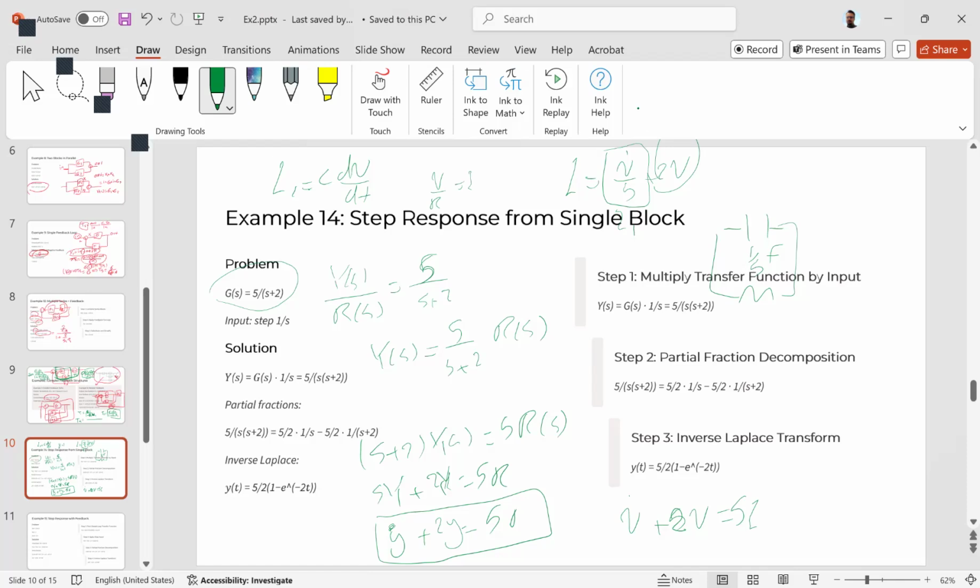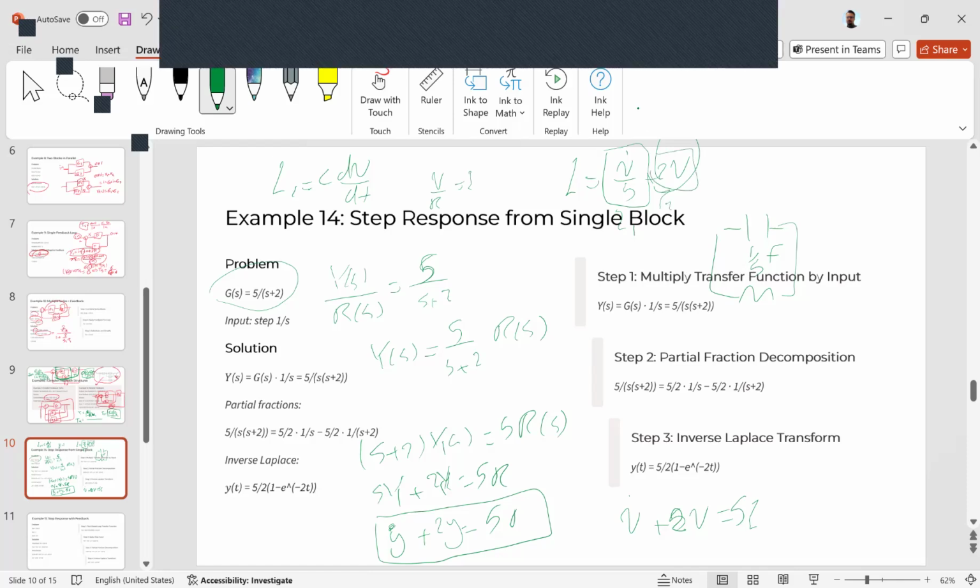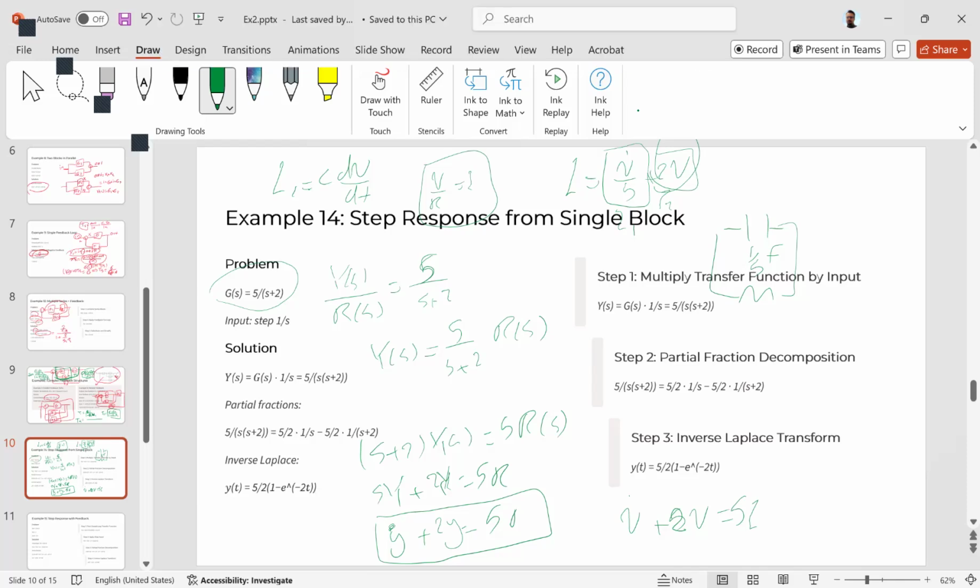In this term, I2, what should be the value of the resistor so the current becomes 2V?